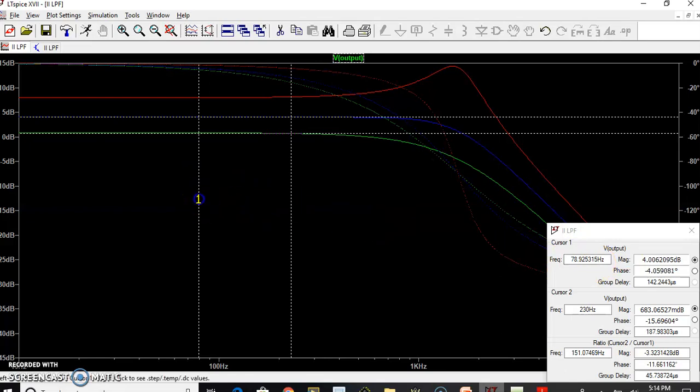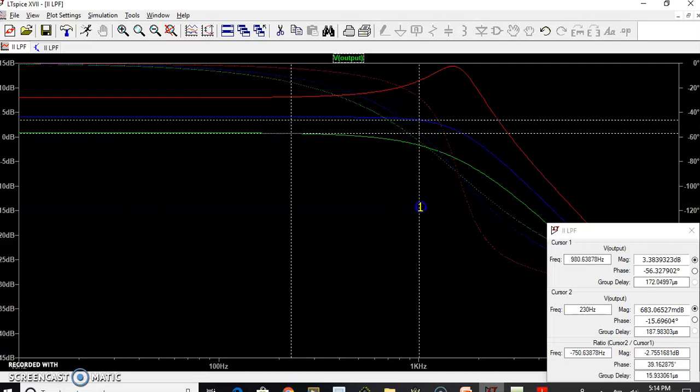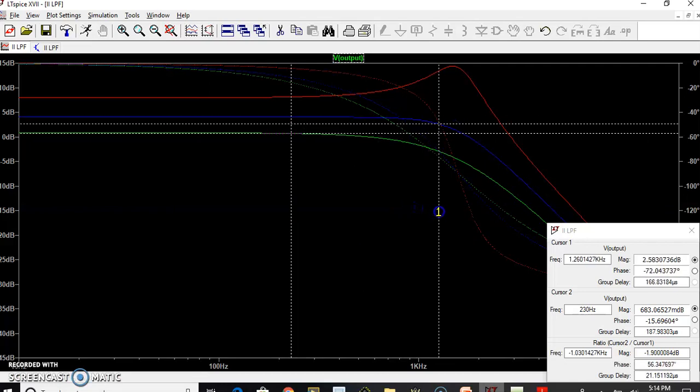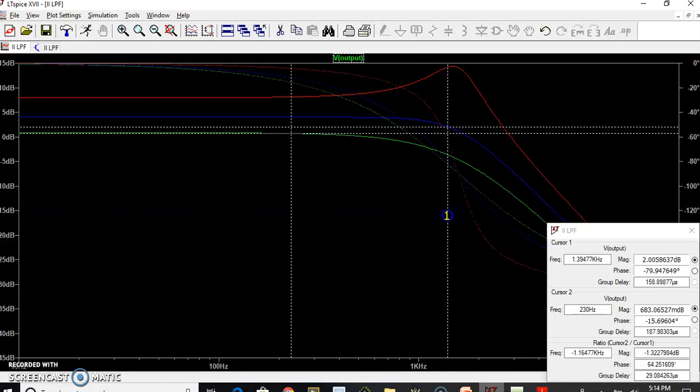4 dB minus 3 will be equal to 1 dB. You can see when the magnitude becomes 1 dB, the cutoff frequency is close to 1.59 kilohertz. So we are looking at this as 1 dB, and the corresponding frequency is the cutoff frequency. I am going to 1 dB because 4 minus 3 dB happens to be 1 dB.